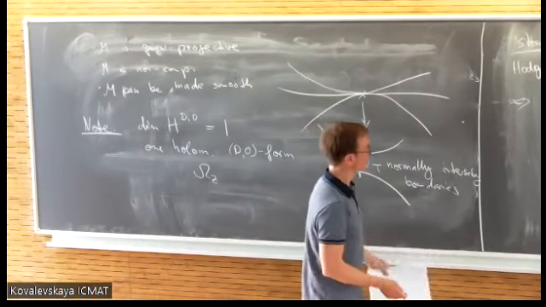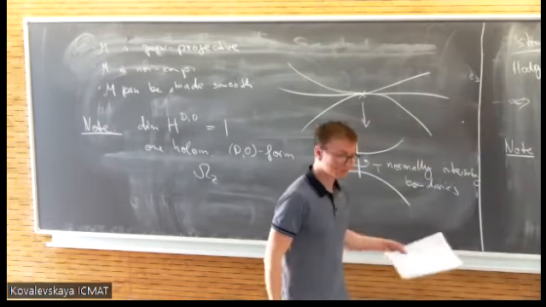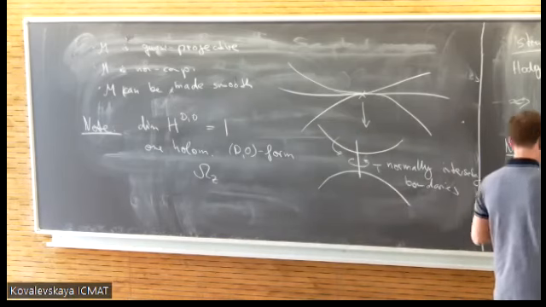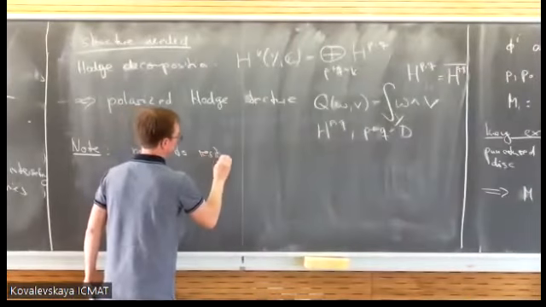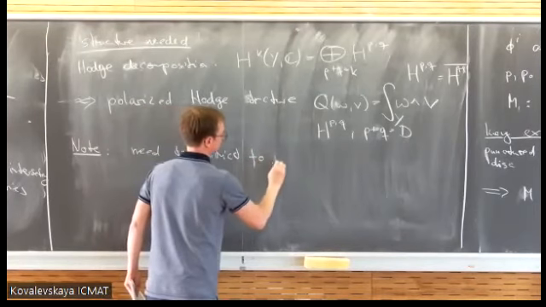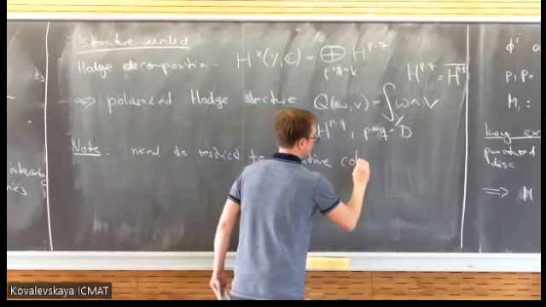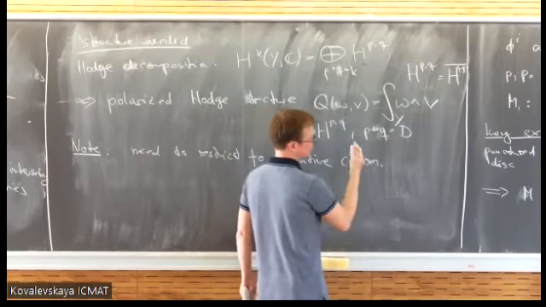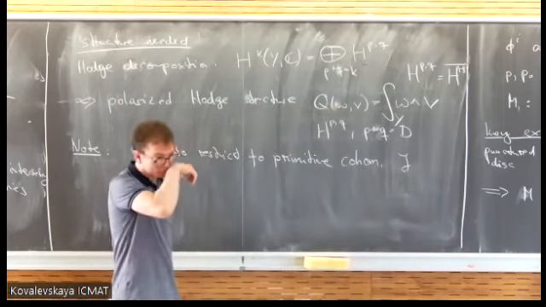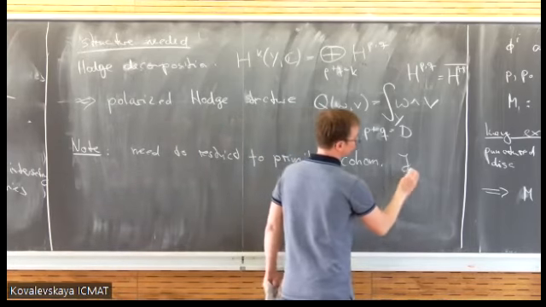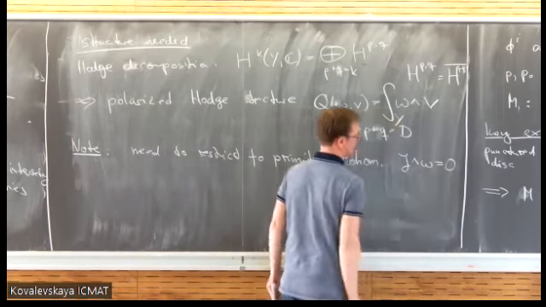One thing I wanted to mention, because it tends to confuse people: note, we need to restrict to primitive cohomology. So if I take my manifold, which is a Kähler manifold, it has a Kähler form which I call J. And then the primitive cohomology are all the forms in this cohomology which satisfy this condition.